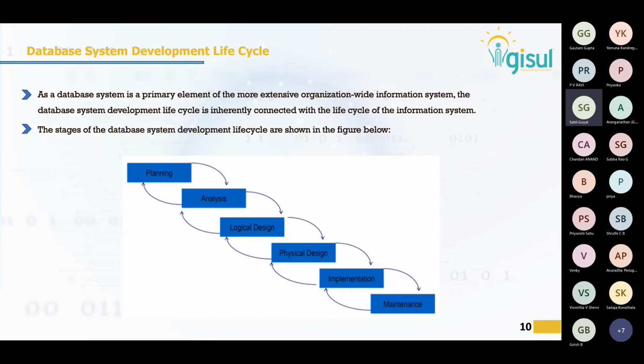Once the implementation has been done and our system is live, if you have to make any changes to your system, that goes as a part of the maintenance phase, where planning, analysis, logical design, and physical design get repeated. Maintenance means we make small changes to the system as and when required. That is how a database development lifecycle goes through the six different phases before it finally goes live.